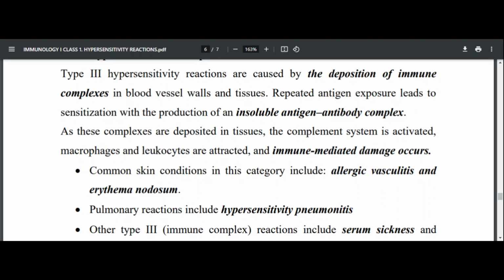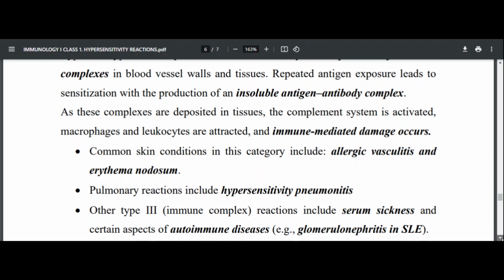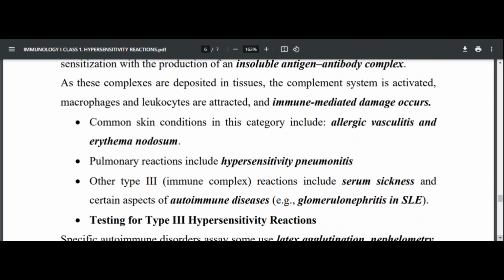Sometimes also hypersensitivity pneumonitis is in this category, and also sometimes serum sickness, which is normally seen in some conditions.